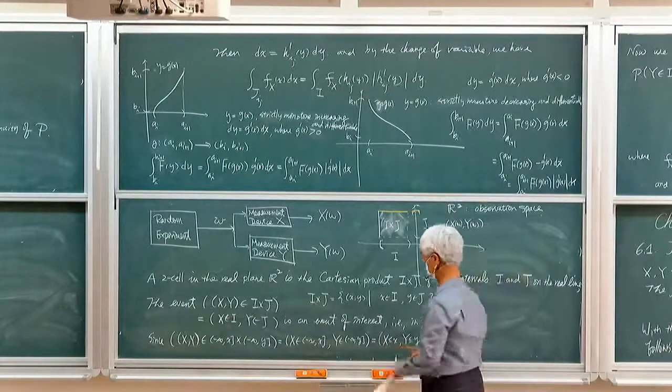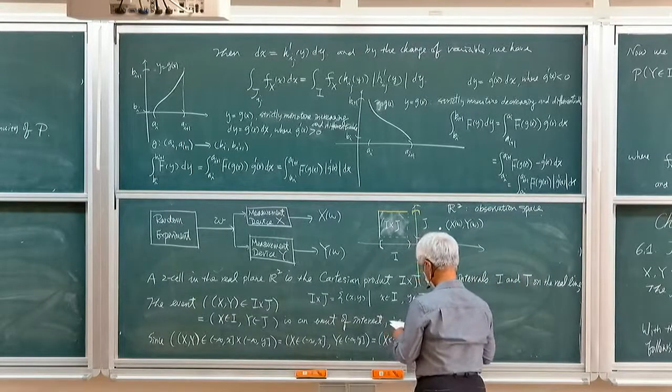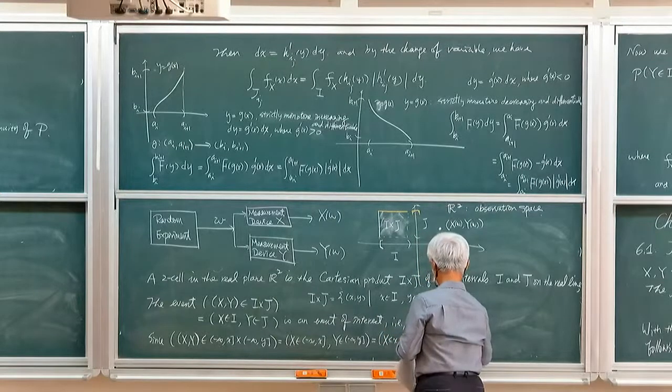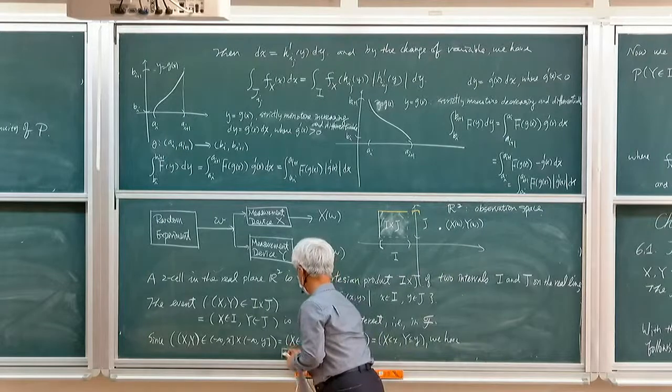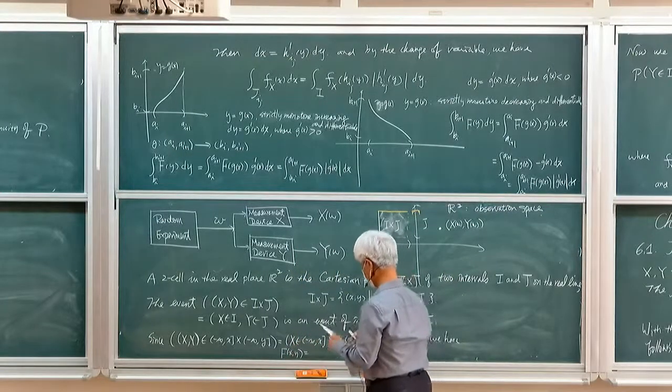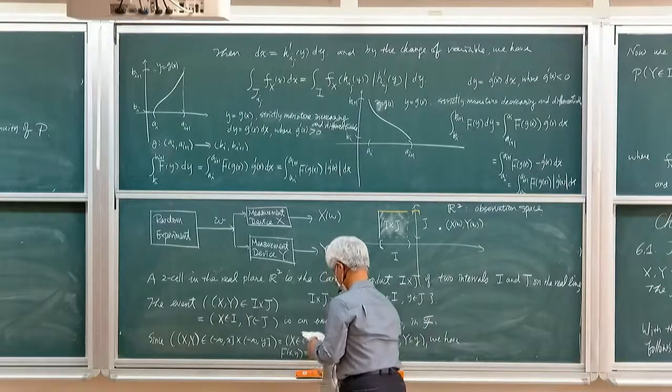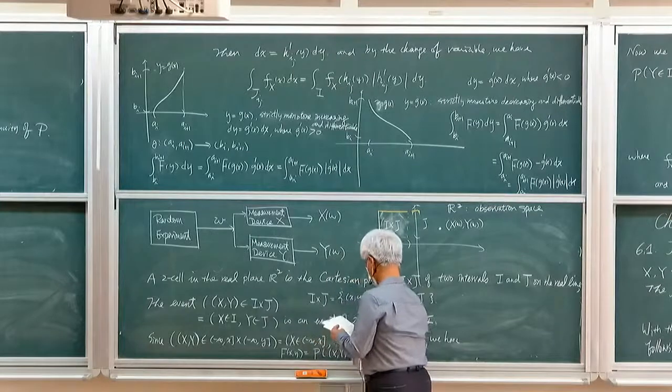Okay. So we know the joint CDF is actually the probability that the random vector is in these two cells.